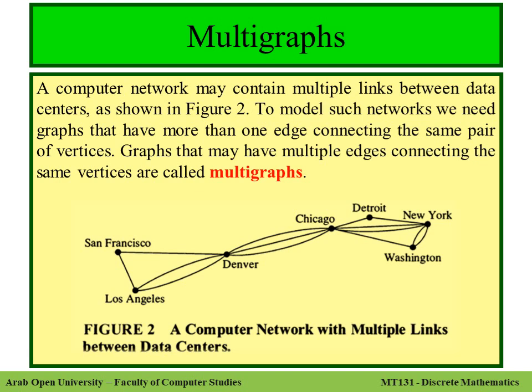You notice there are 3 links between Denver and Chicago. There are 2 links between Los Angeles and Denver. It's possible to have only one link or even no links, but you are allowed to have multiple edges. This is called a multigraph. This is a computer network with multiple links between data centers.